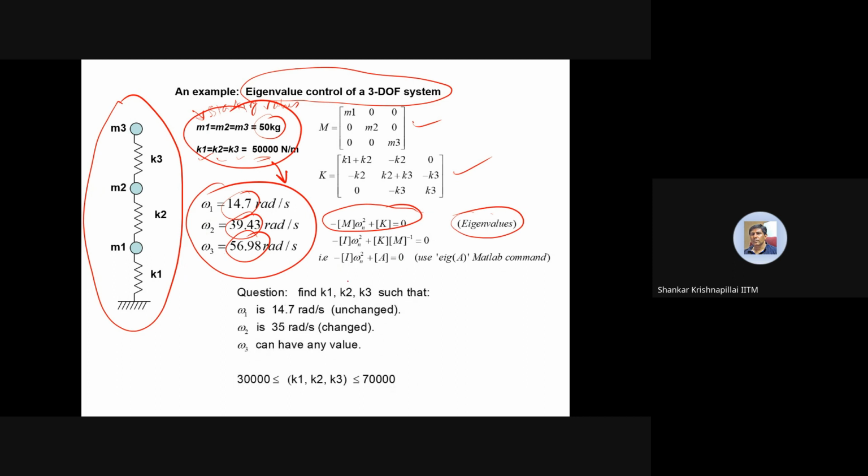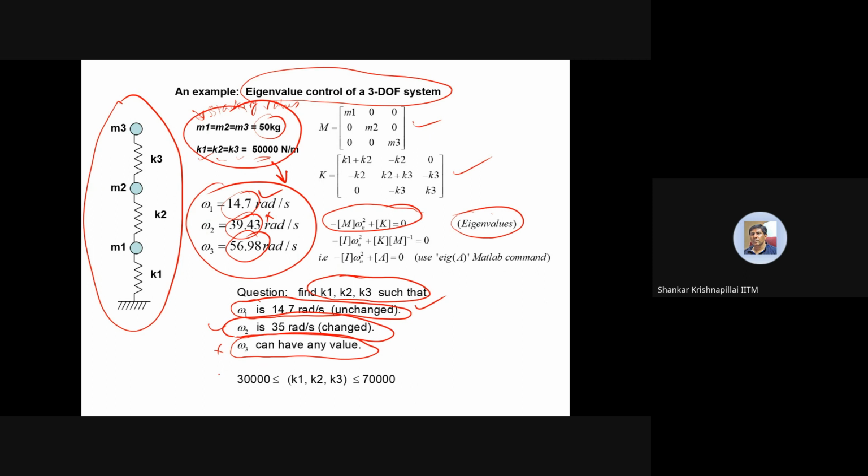The question is that you have to find K1, K2, K3 such that omega 1 is maintained exactly at 14.7. Omega 2 is changed to 35, that is originally 39.43; we want to change it to 35. Omega 3 we are not bothered with.